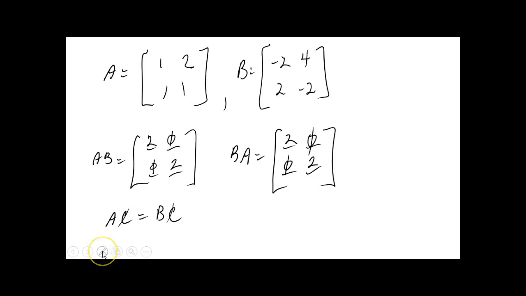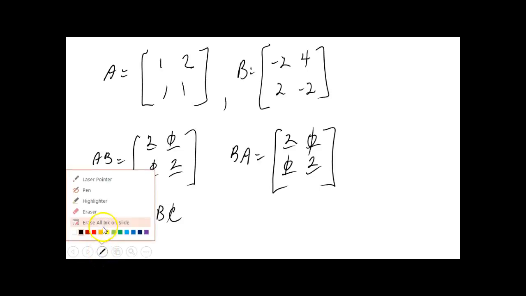So let's go to example 5. Here we have matrix A is 1, 3, 0, 1.